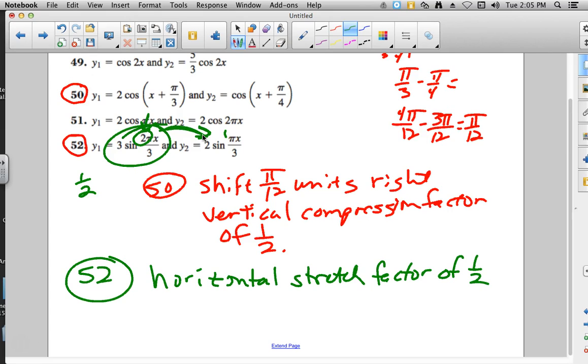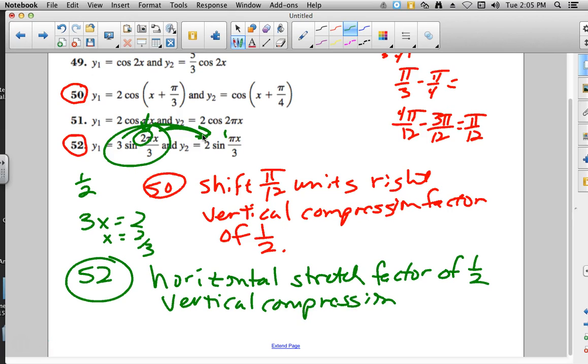And then the 3 became a 2. So you say to yourself, okay, 3 times something gets me 2. What's that something? Well, it'd have to be 2/3. So we would have a vertical compression factor of 2/3.